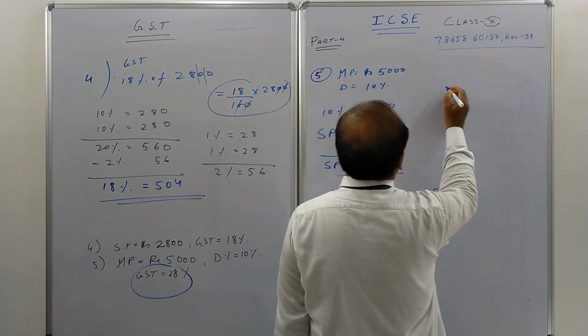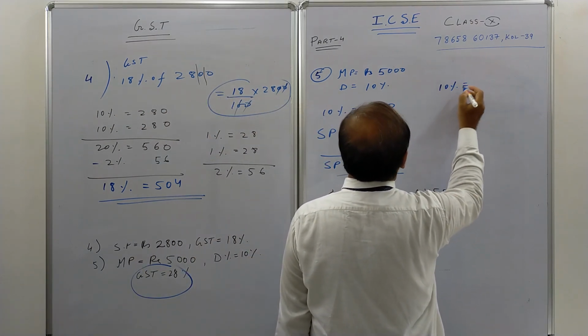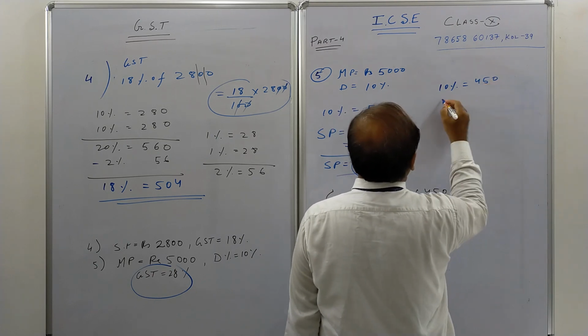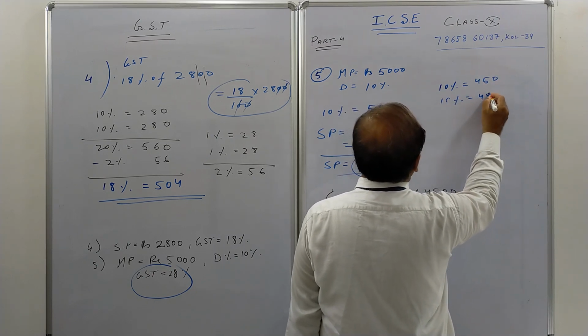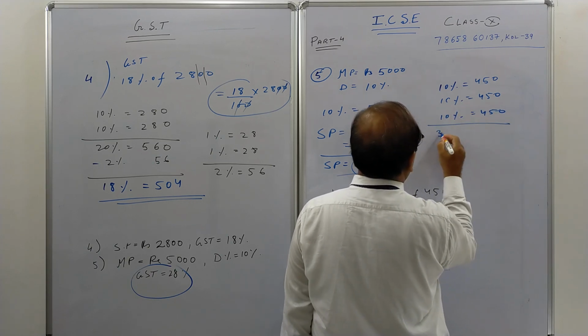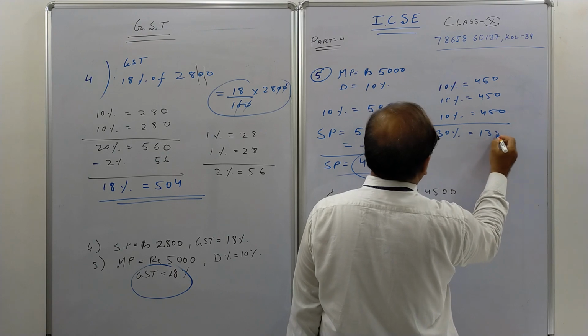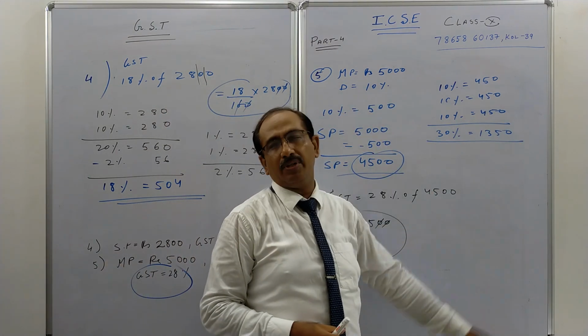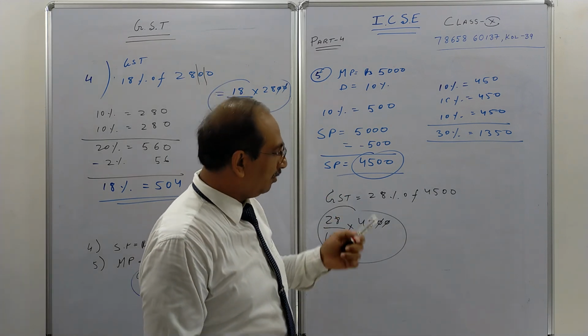So how do we do it, children? 10% of 4,500 is 450. 10% is 450, 10% is 450. If you add, 30% is 1,350. Okay, 4, 4, 8, 12 and 50, 50, 50 is 150. But we have taken 30%.